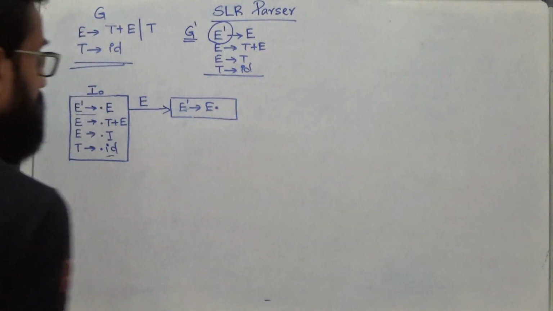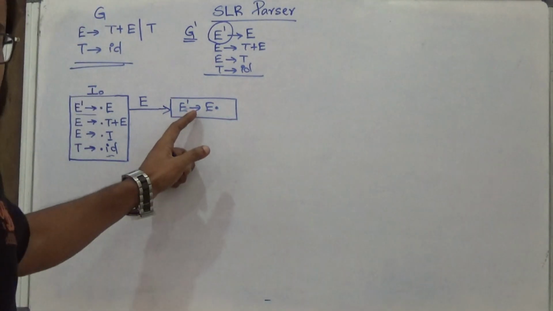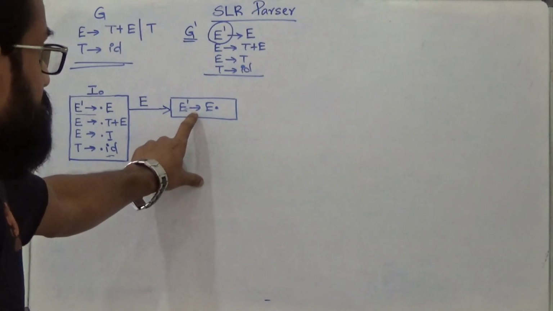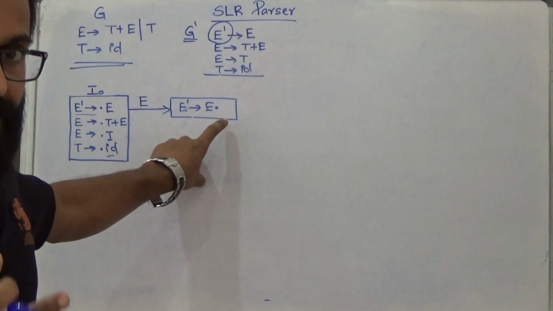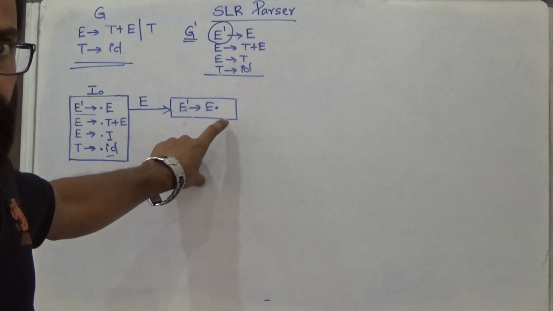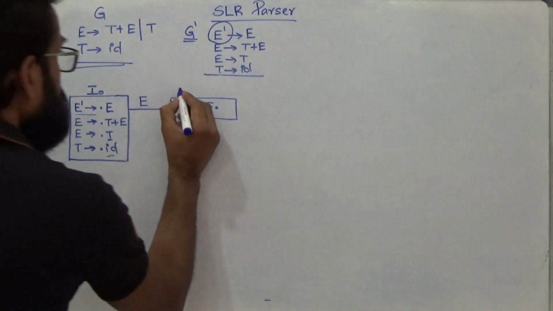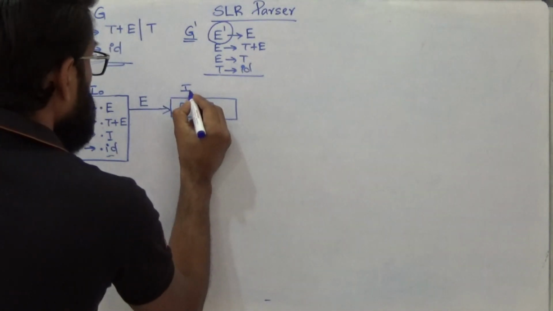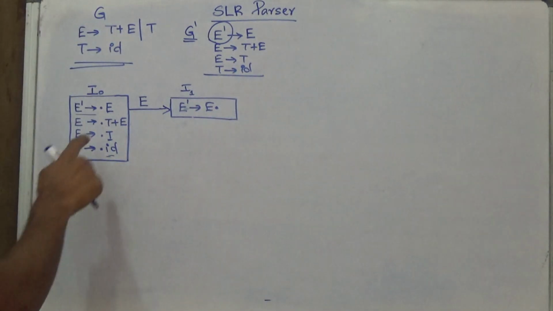And again, while taking the closure, the item set will remain the same because you are not having a right hand side containing dot immediately followed by a variable. So this will be the second set of items obtained. Let it be I1.